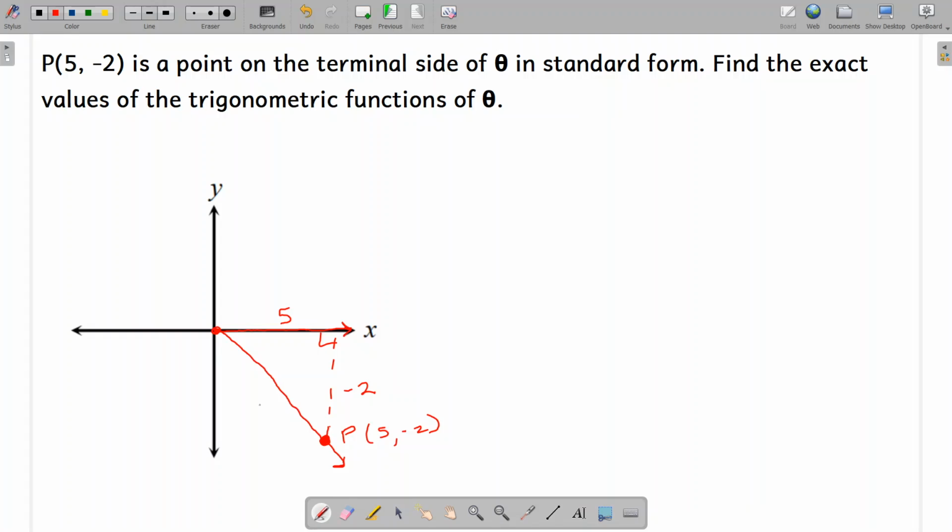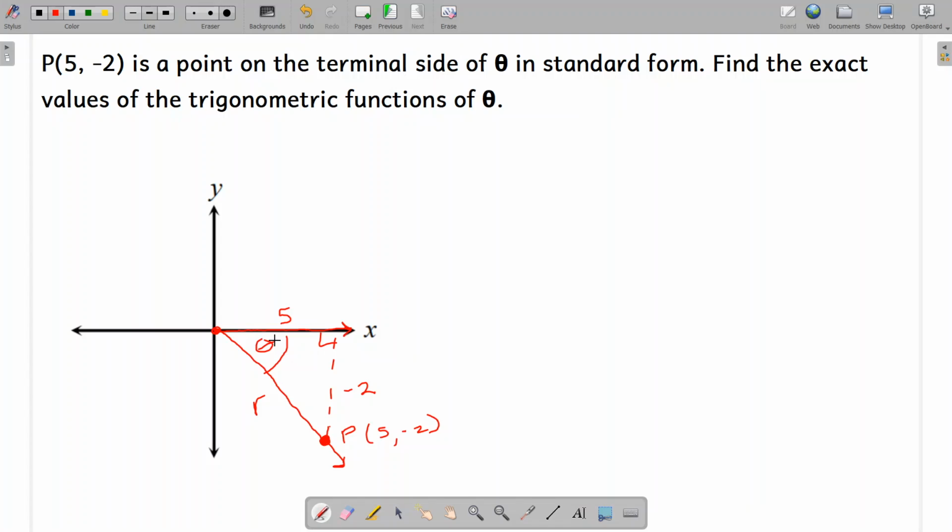We're trying to find the distance from the origin to point P, and then we want to find the exact values of the trig functions of theta.